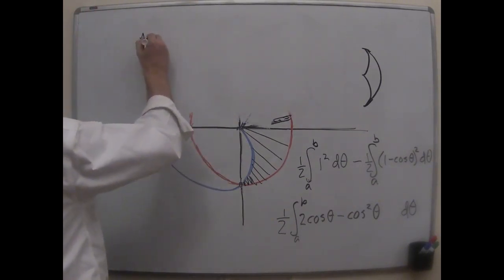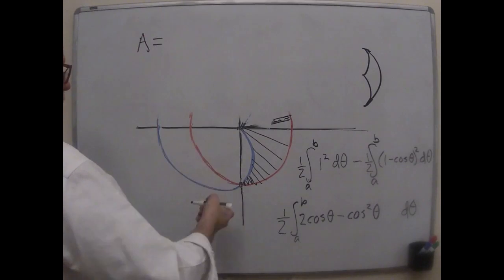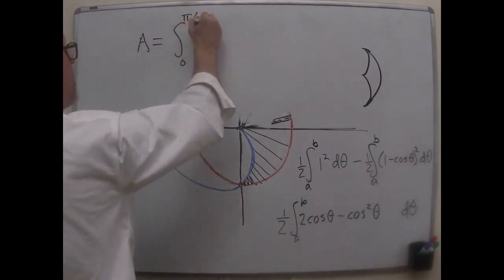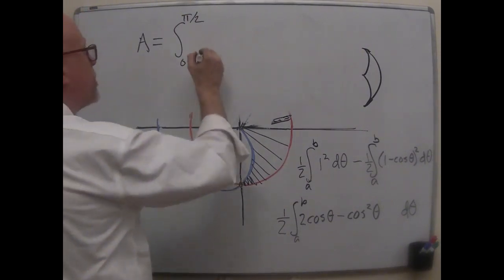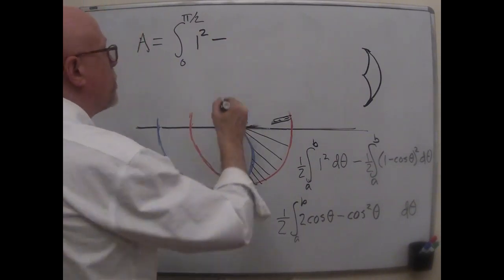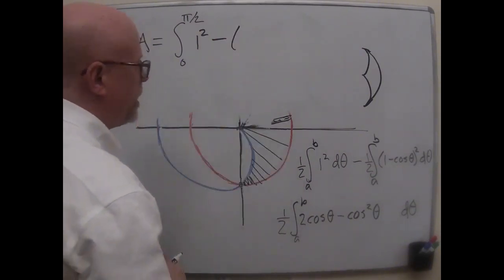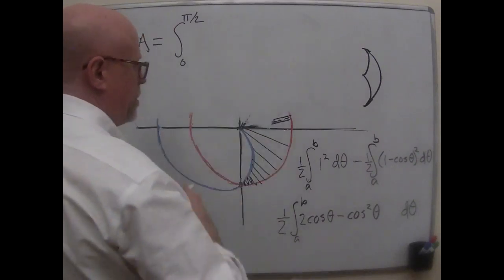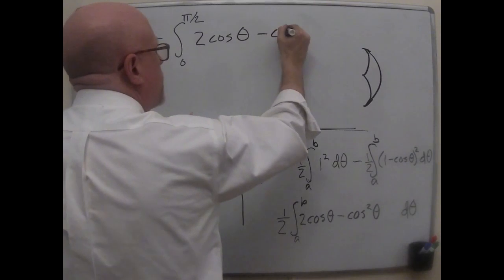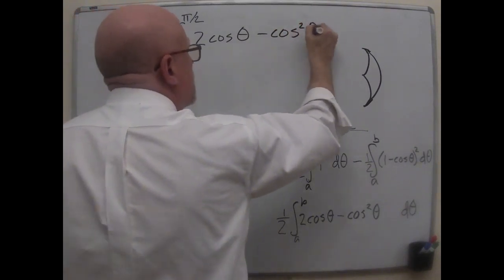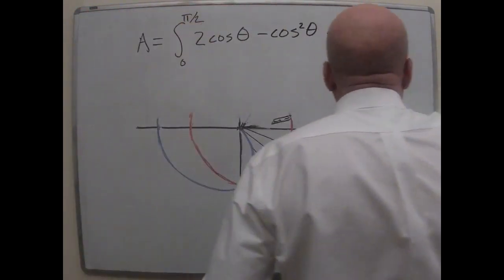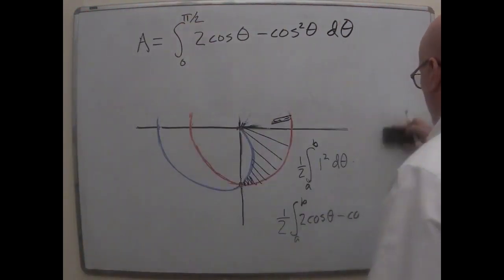The area we're after would be the double of 1/2 of the integral from 0 to pi over 2 of our one function squared minus our other function squared. Oh, we'd already simplified that, sorry. 2 cos theta minus cos squared theta d theta. All right, well, the first bit of that we can definitely integrate.